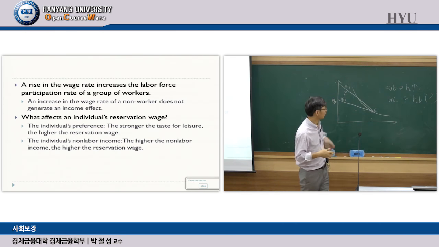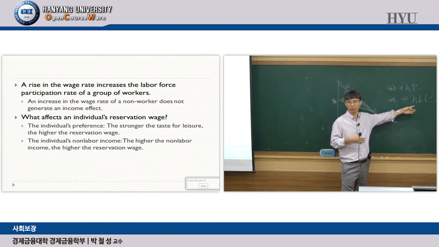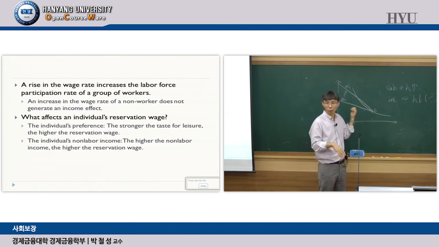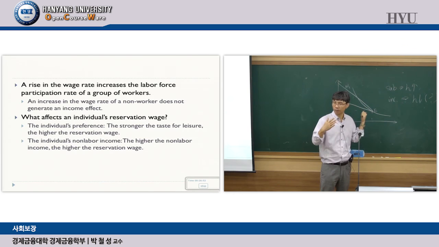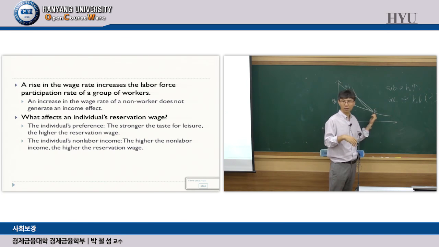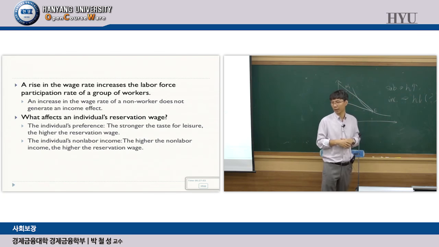It doesn't make any sense to decrease labor supply from 0 hours, so there can be only one direction. Normally, if the person was working and their wage goes up, even if this person doesn't change anything, the income will increase. But since this person is not working at all, there is no income effect.